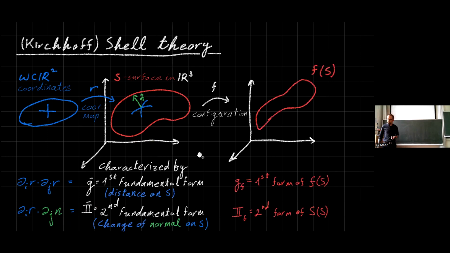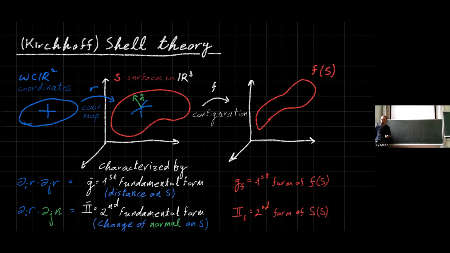Okay, and now if you have a configuration, this is your elastic body, and you put it into three-dimensional Euclidean space, then this f, the resulting shape, also has a first and second fundamental form.